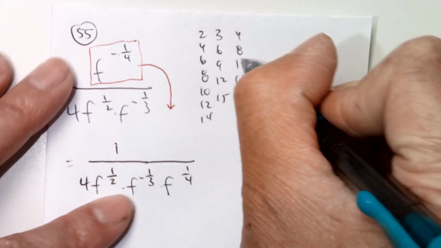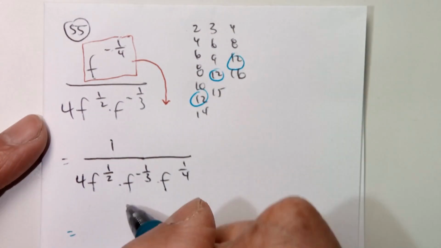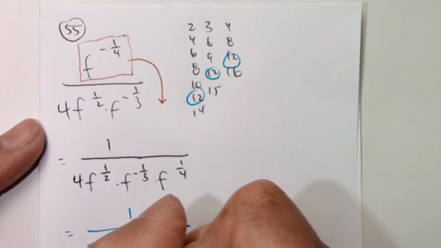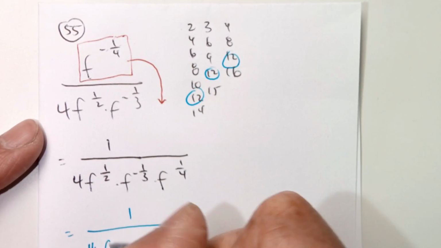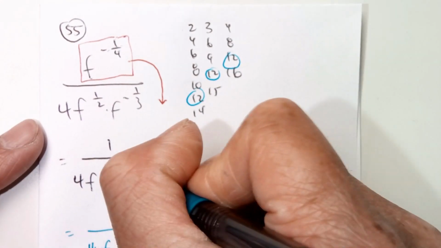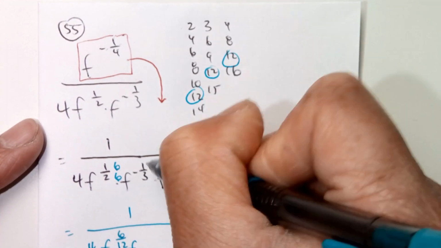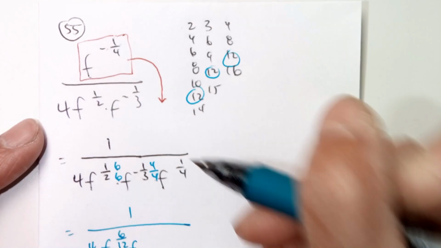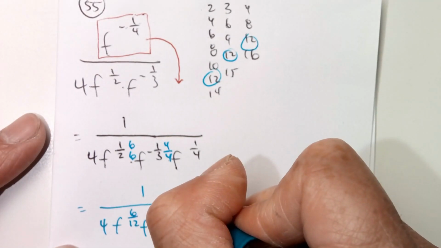Well, what's the lowest common multiple they have there? That'd be 12, so I want to make those all 12. Let's go ahead and do that. So that one will be 6/6, so that'll give me 6/12. Now I'm going to multiply by 4, so that would become f to the negative 4 twelfths.